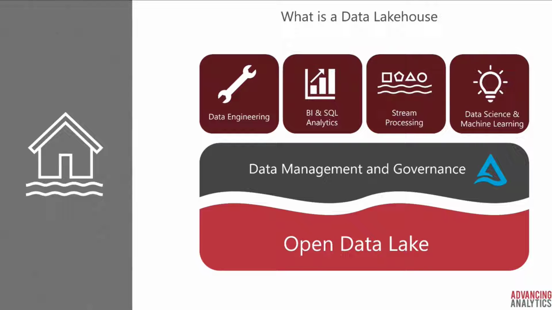So here, as you can see on my slide, these are the high-level components of the data lakehouse in Databricks. We have the data lake foundation at the bottom. It's unrestricted in the formats that it can accommodate. And at the top, we have the key features that Databricks provides to us.